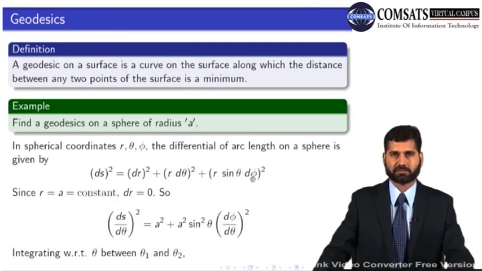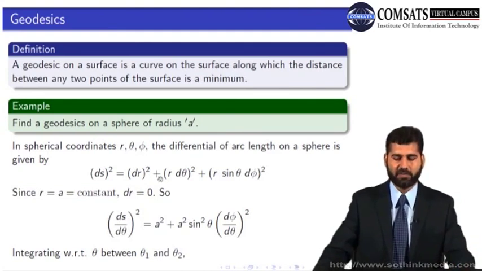All right. Again, in multivariate calculus, you might have seen this formula, or you should have seen this formula. This is the differential of arc length in spherical coordinates. Now we have some simplifications.